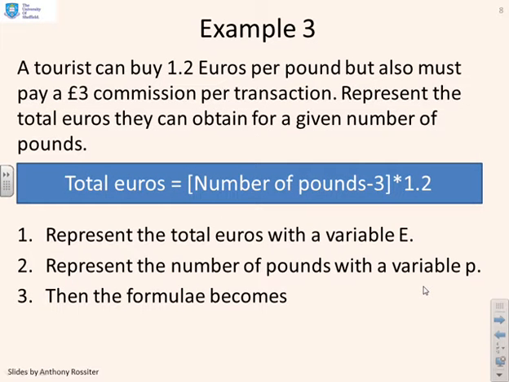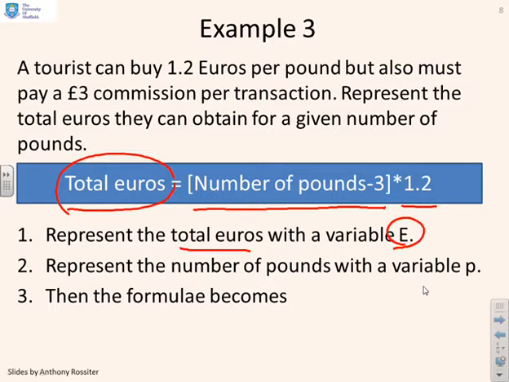Example 3. So here the tourist can buy 1.2 euros per pound, but also must pay a £3 commission per transaction. And we derived the formula was the total number of euros they can buy is the number of pounds minus 3 times 1.2. So again, we can simplify this formula. We can represent the total euros they've bought with a variable e.